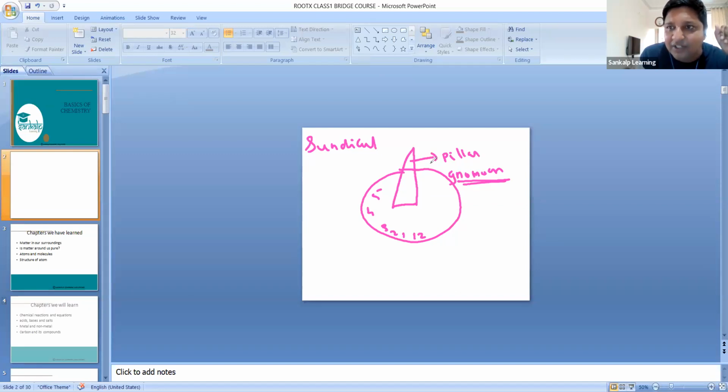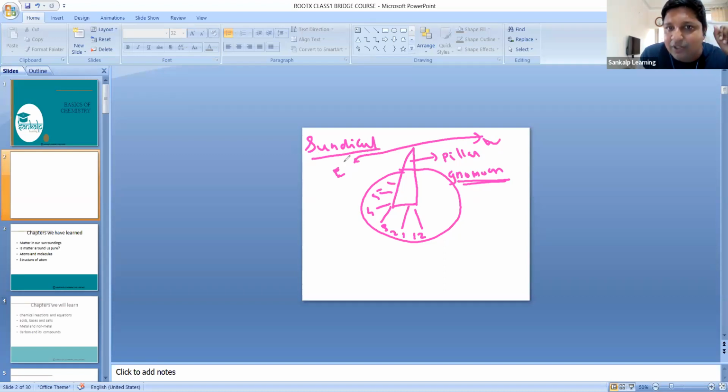When it is pointing in the north-south direction, as the sun travels from east to west, this pillar will form some shadow on these numbers. Based on the shadow of this gnomon or pillar, you will get to know the time.